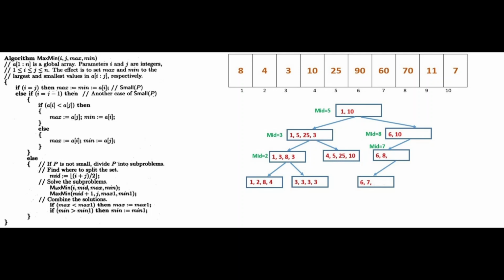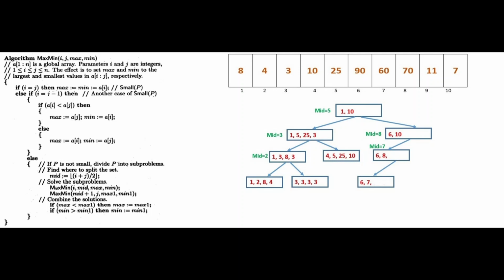From 90 and 60, which is maximum? So in if a of I less than a of j, a of I is a of 6, 90 less than 60, the condition is false. So we go to the else part.